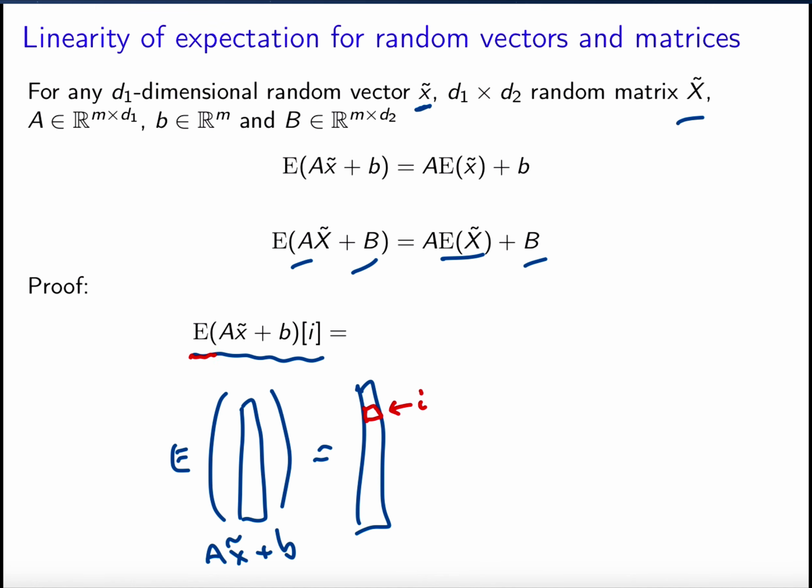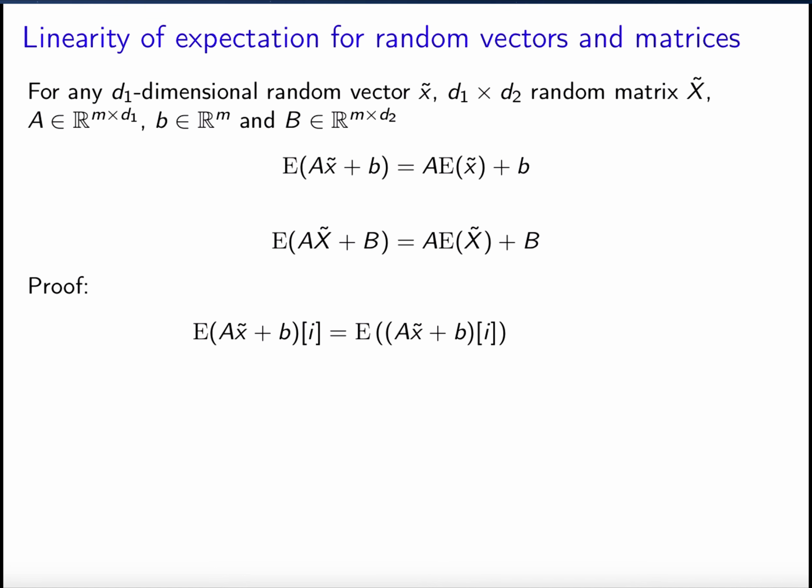Okay? This is the vector, which is the expected value of AX plus B, and this is the ith entry. By definition, the ith entry of the expected value is just the expected value of the ith entry. This is just by definition of the mean of a random vector, which we saw a moment ago. So again, the notation here is the ith entry of the random vector, and we're taking the expected value of that ith entry.